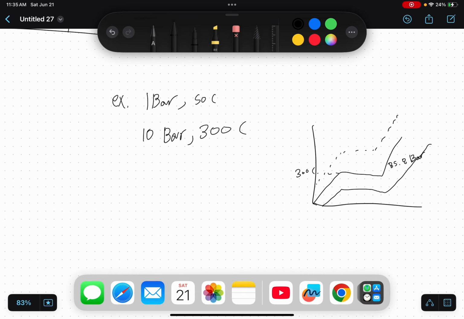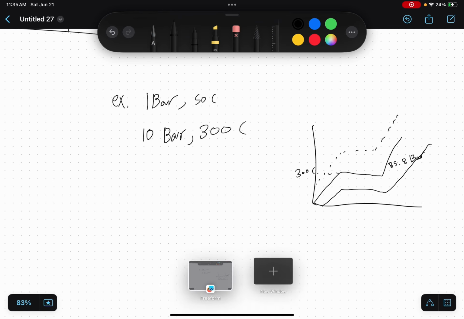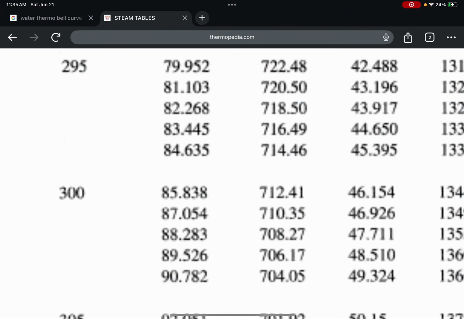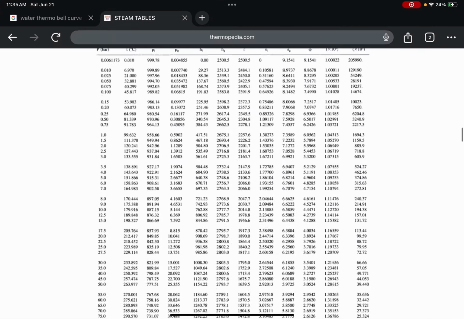There's a very easy way to answer it. I can't think of it right now. But we for sure know that we're not on the steam tables. We're on the other set of tables. So let's go to them.